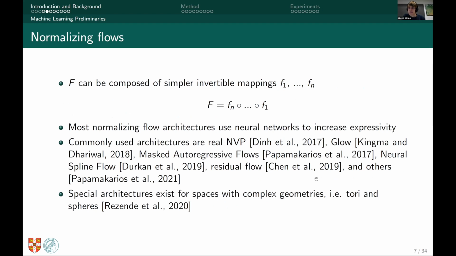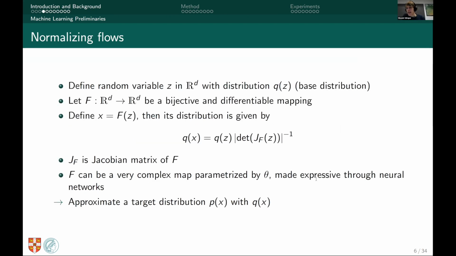Yes, the Jacobian can be pretty hard to compute. Exactly. For normalizing flows, typically computing the Jacobian might not be a problem, but computing the determinant is. So people typically design flows in such a way that this determinant is easy to compute and might not even require computing the entire Jacobian matrix.